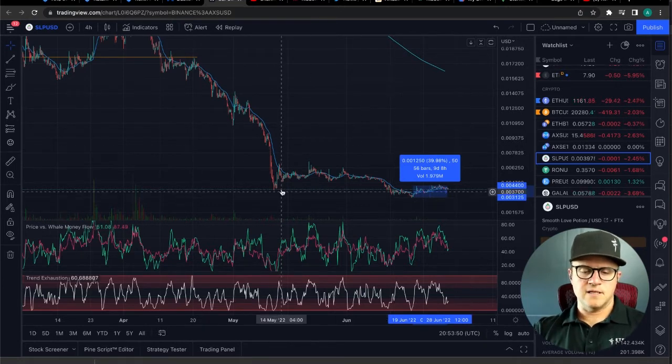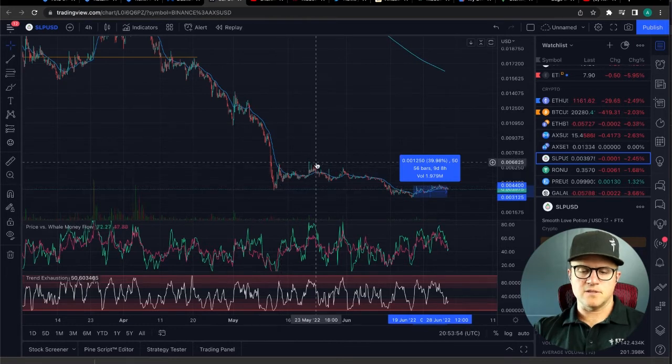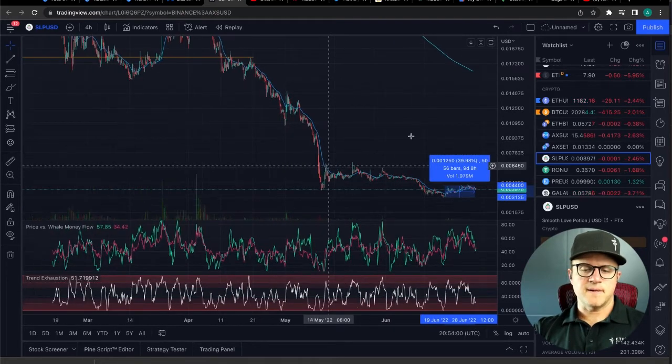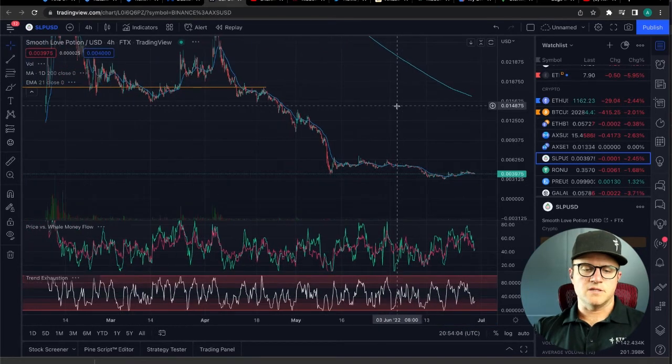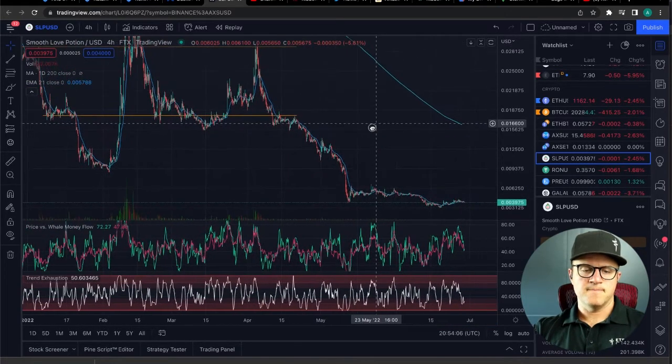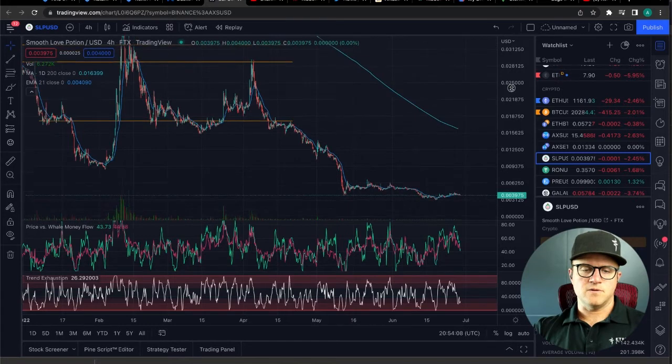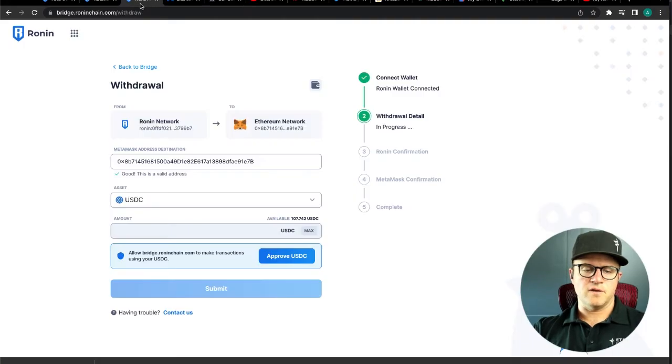Now we have seen the price go from 0.004 all the way up to almost 0.007. Not quite a double up, but close there. I would expect to see something pretty significant coming up with Origin. So I'm holding all of my SLP, putting that into the farm with my Ethereum.